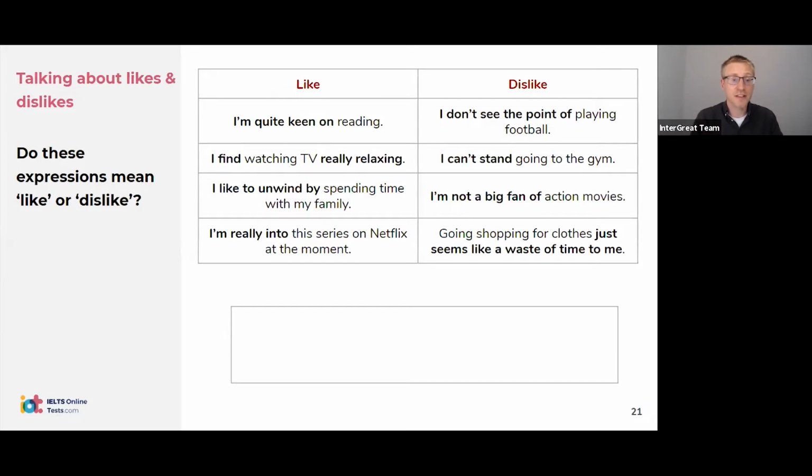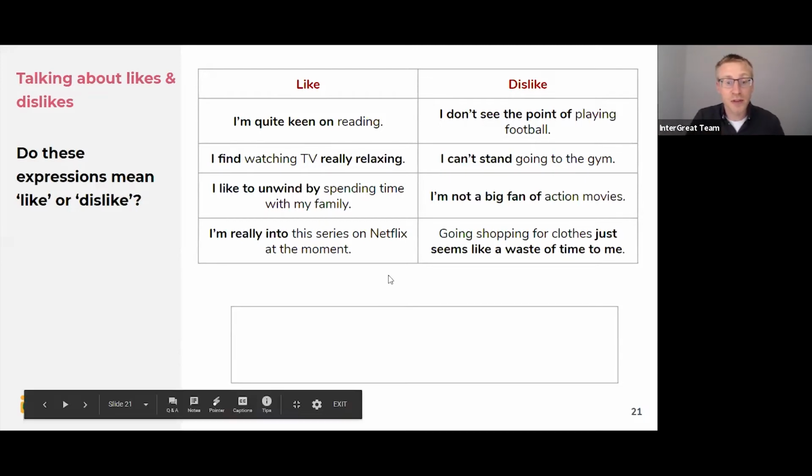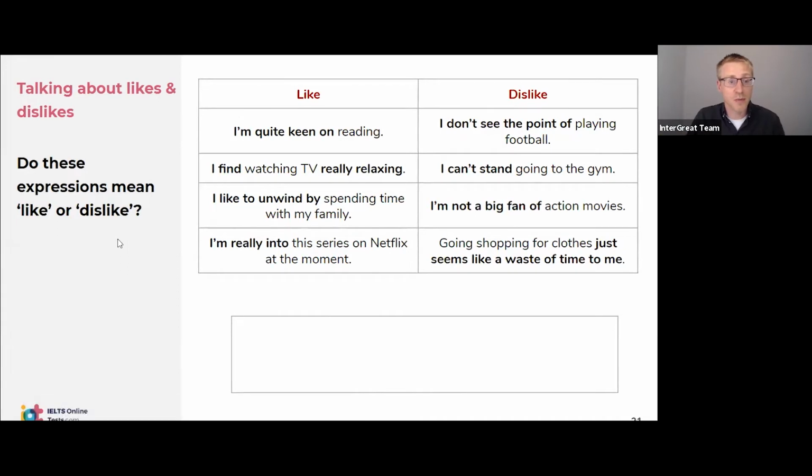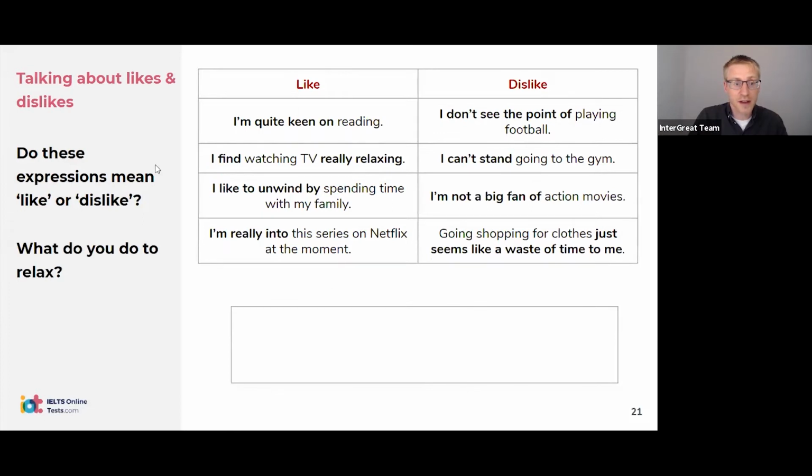This is your chance, an easy way to introduce some more complex language, okay? So it could be useful to learn a few of these expressions and practice them when you're responding to like, dislike questions.